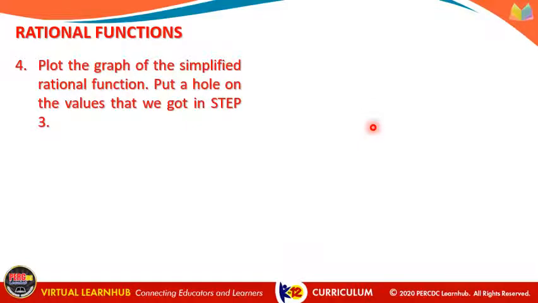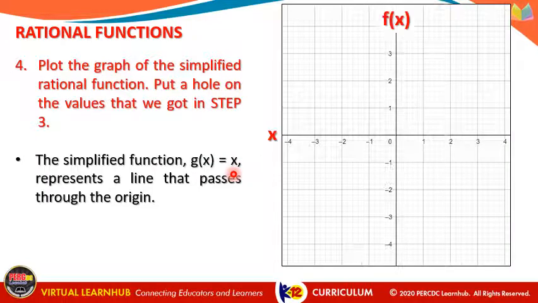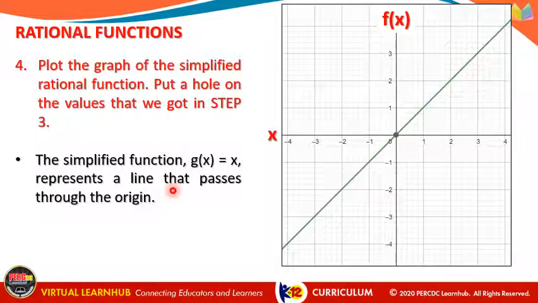Now, let's plot the graph. So, the simplified function, again, g of x equals x is a line. So, syempre, lagay natin dito sa x-axis yung mga values ng x. Etong y-axis naman, yung mga values ng f of x. Again, it's just a line that passes through the origin. Kaya lang, anong sabi natin?